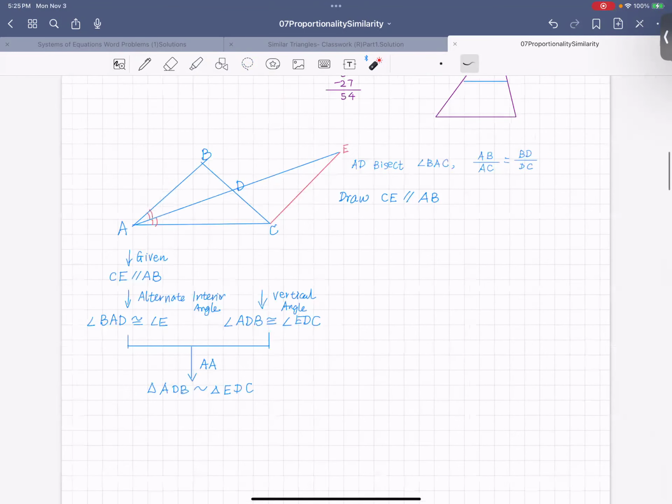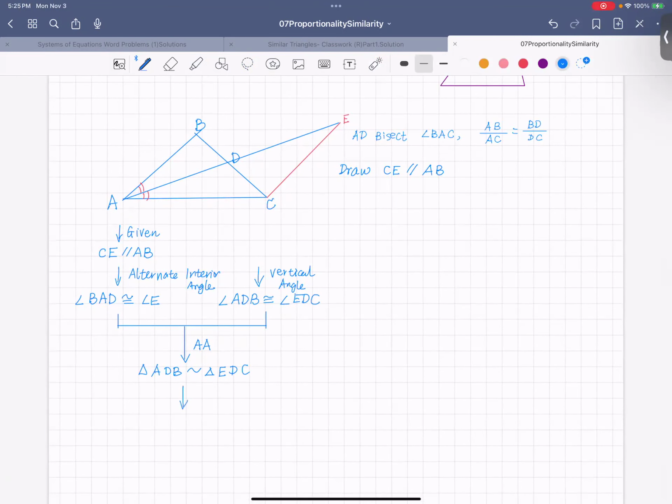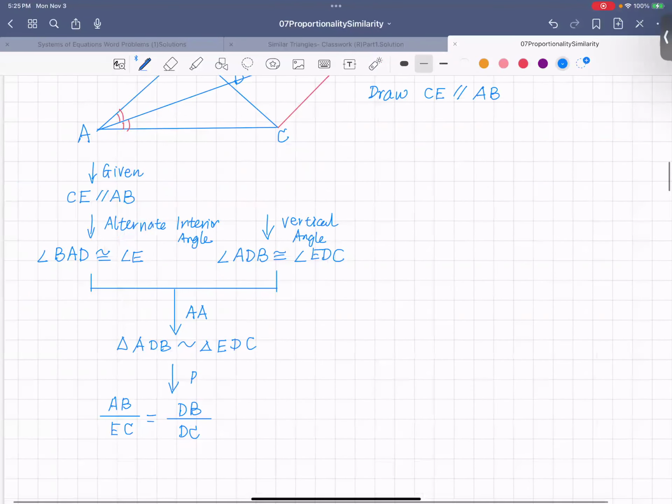Okay, so AB over EC is equal to DB over DC. What should we write down here? Property is what? Similar triangles, right?